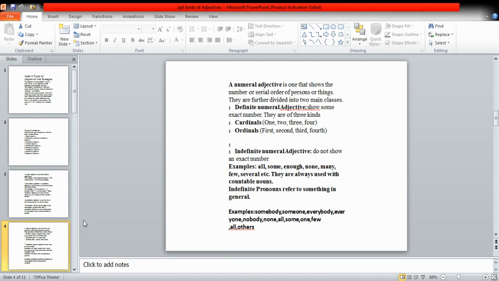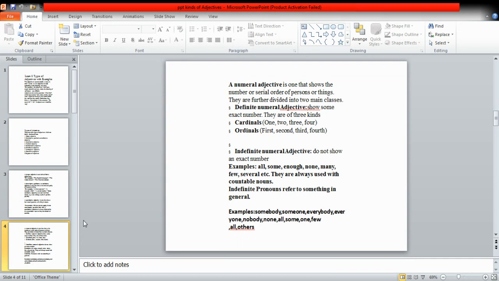As you can see, because they are numeral adjectives, they are dealing with number. So indefinite numeral adjectives will always follow a countable noun. So why do we use indefinite numeral adjective? We use indefinite numeral adjective whenever we have to talk in general, like all, some, enough, none, many, few, several.